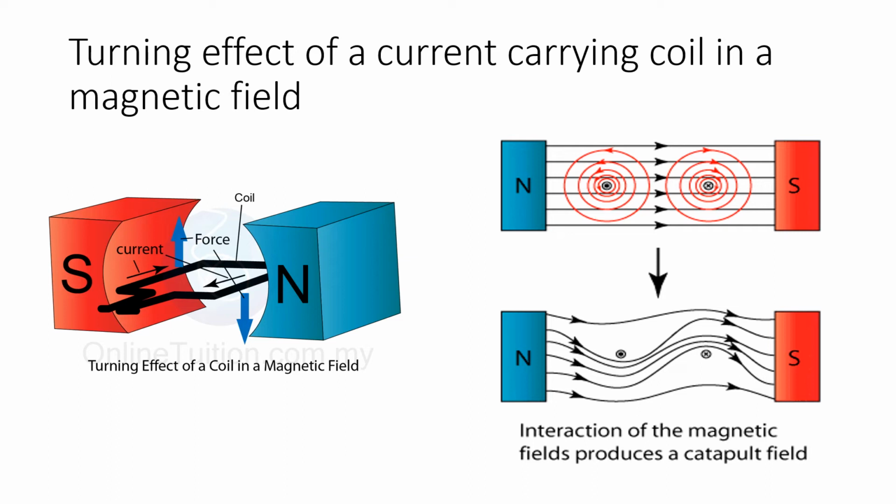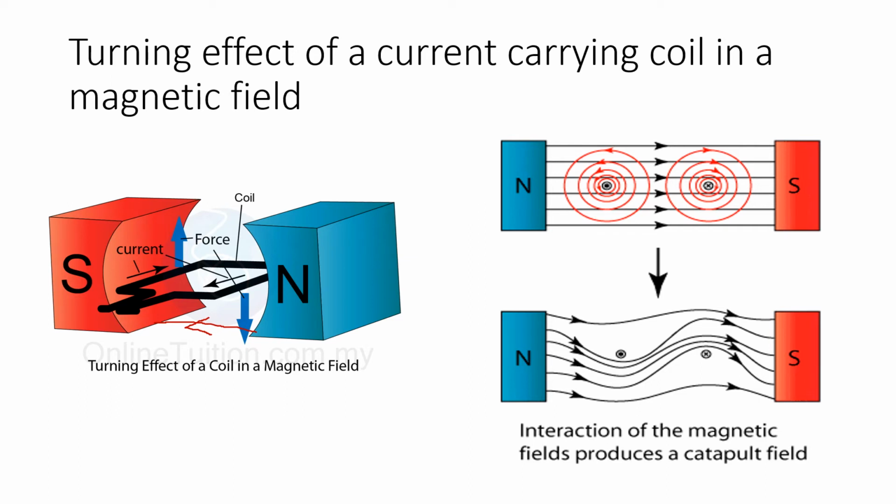In the picture here, the direction of the magnetic field should be north pole to south pole. Here we know the direction of the current.